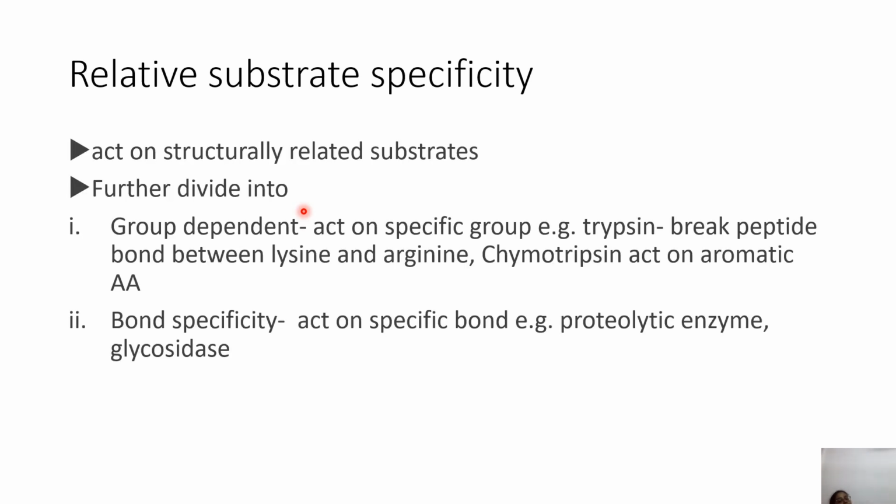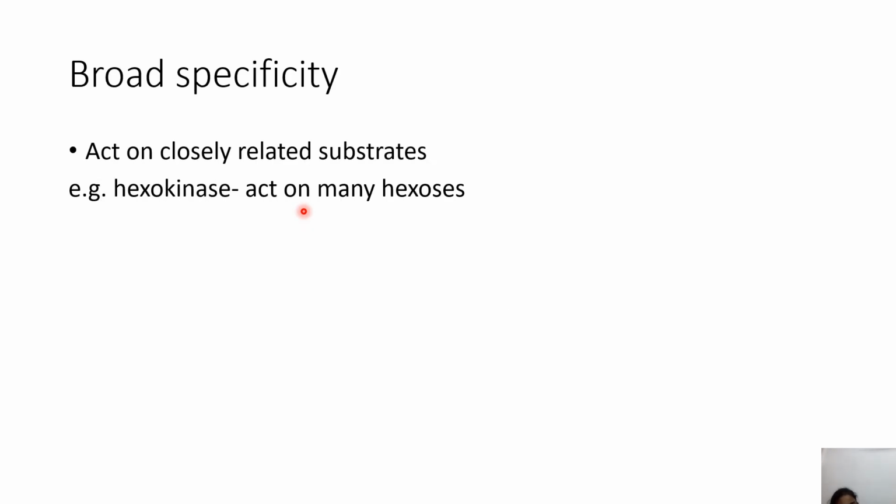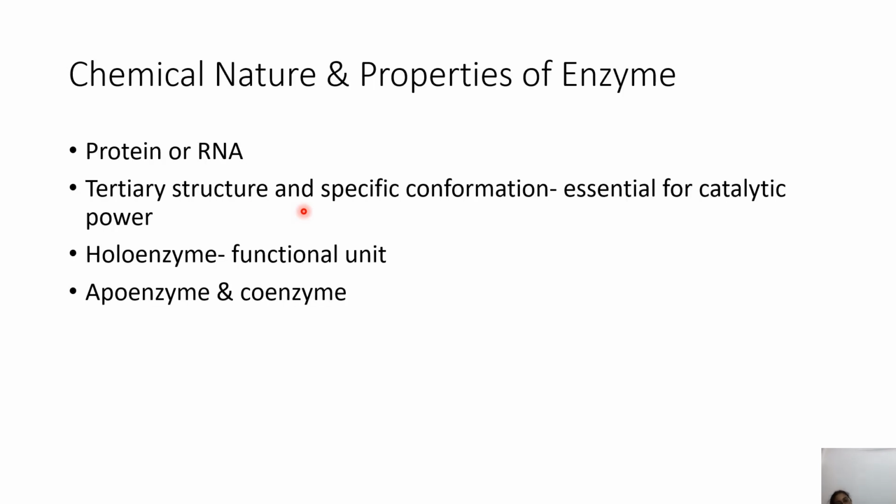Relative substrate specificity means they act on structurally related substrates. It is further divided into group specificity, where they act on specific groups, like trypsin, which breaks peptide bonds involving lysine and arginine, and chymotrypsin, which acts on aromatic amino acids. And then bond specificity, acting on a specific bond, like proteolytic enzymes and glycosylases. Broad specificity acts on closely related substrates, like hexokinase, which acts on many hexoses.